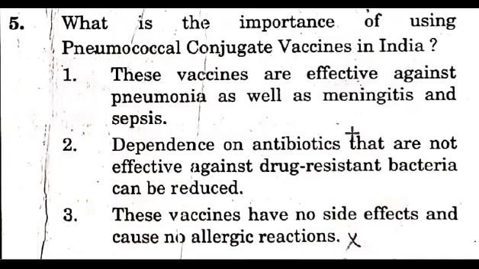Now let's see what will be the answer. These vaccines are effective against pneumonia, meningitis, sepsis, correct. So 1 would be correct. Option number 2, dependence on antibiotics that are not effective against drug-resistant bacteria can be reduced. Yes, that is what a vaccine against an ordinary bacteria would do. It would reduce the load on antibiotics.